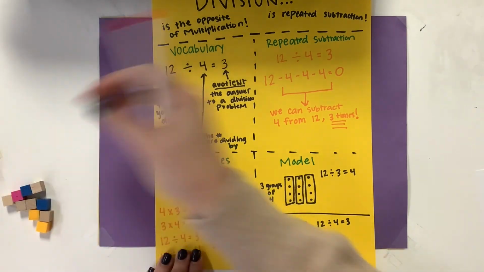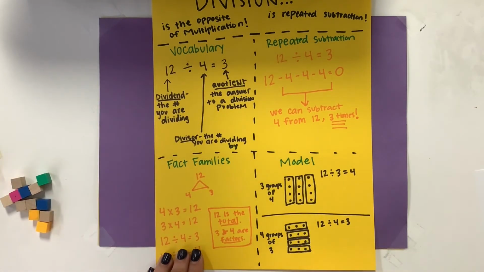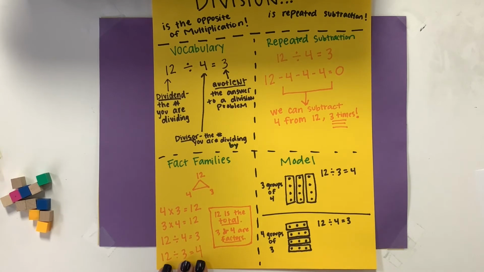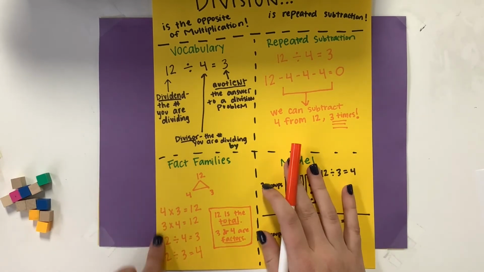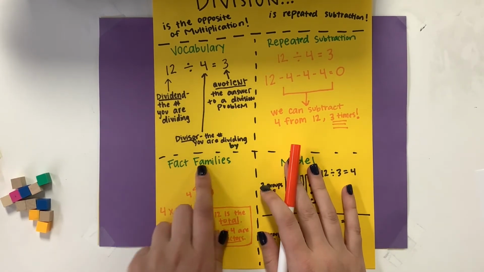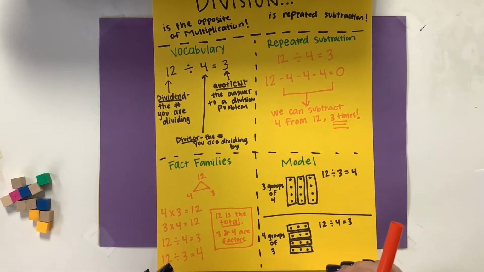Find 12 blocks or cubes or counters or erasers, whatever you have, Legos. Find 12 of them, divide them into groups of 4, and see if you get 3. Same thing here. If we start with our total again, we know we can also divide it by 3 and get 4. These are fact families, and you can have fact families for multiplication and division or addition and subtraction.